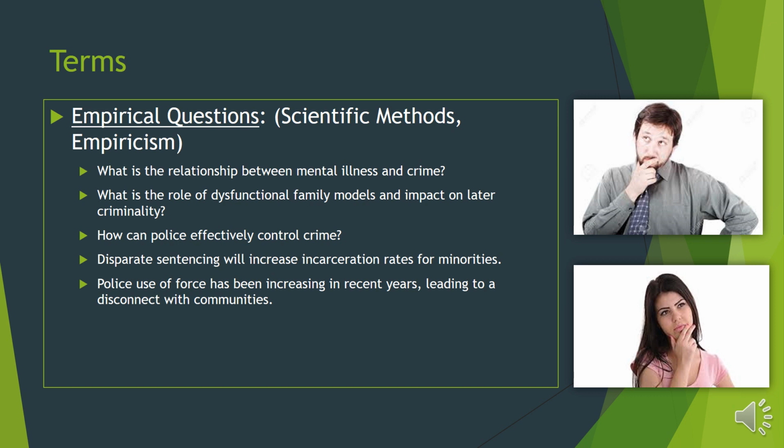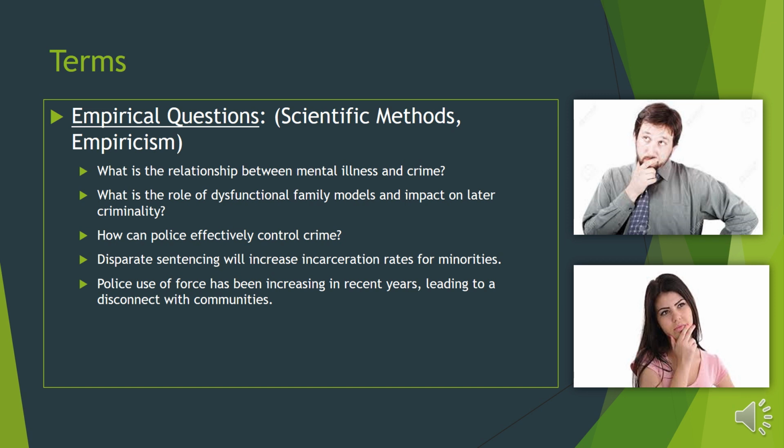In criminal justice, we think about the relationship between mental illness and crime. So we have two variables there, mental illness and crime. Both can be defined, operationalized, and measured in some capacity, and then examined within the criminal justice system.